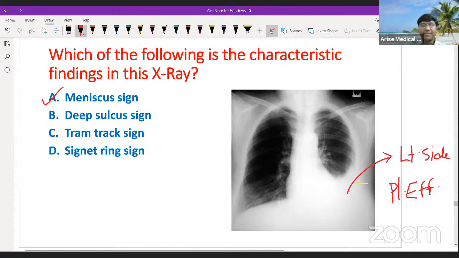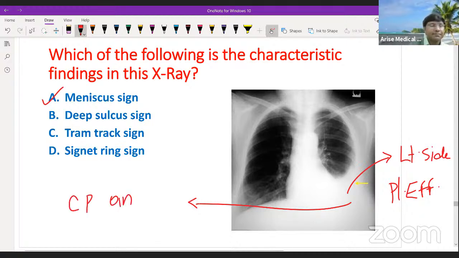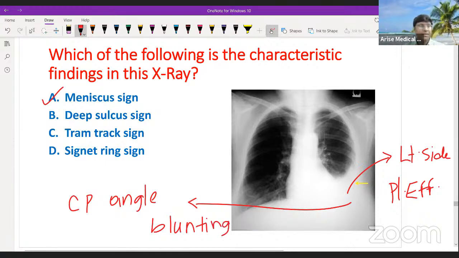Okay. And what else are you seeing? There is also the presence of costophrenic angle blunting. Okay. Next.